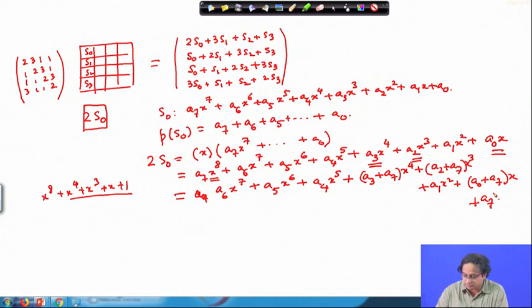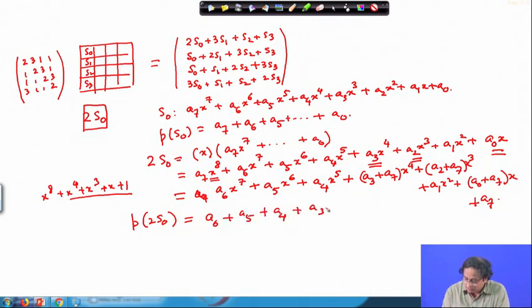So, what is the parity of 2A0? The parity of 2A0 you can see is A6 plus A5 plus A4 plus A3 plus A7 plus A2 plus A7 plus A1 plus A0 plus A7 plus A7.